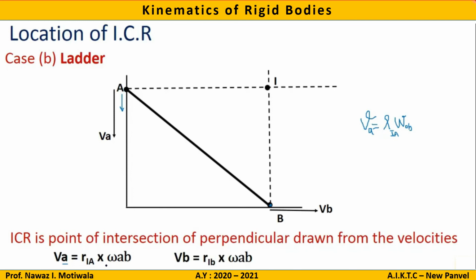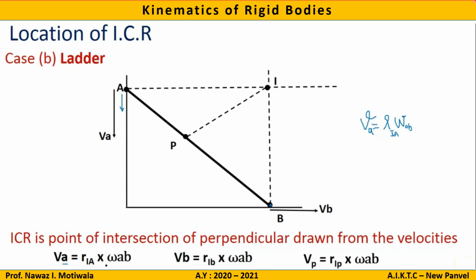Now let us consider any other point on this link AB or this ladder AB, let us say point P. And I want to find out what is the velocity of this point P which is on this link AB only. Simple, I will just join this I with P. Now I have the relation V is equal to R omega.